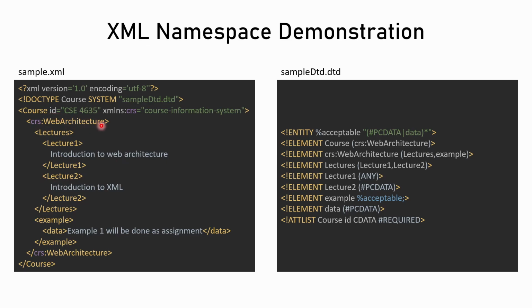Now, if we decided to define this namespace somewhere else, for example, inside the lectures element, then we could have only used that CRS namespace inside our lectures element, okay? That is inside all the elements that are nested inside the lectures element. We could not have used it outside the lectures element, okay? So that's what scope means in this case. So that is how namespaces work. Hopefully you were able to understand them.